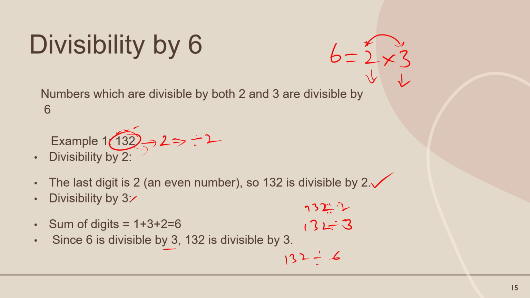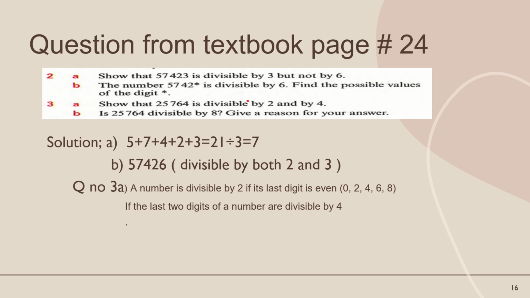Okay, it is clear. Now here are some questions from the textbook, page number 24. Part A: show that 574223 is divisible by 3 but not by 6. Okay, for divisibility by 3 we take the sum of the digits. The sum is 21.